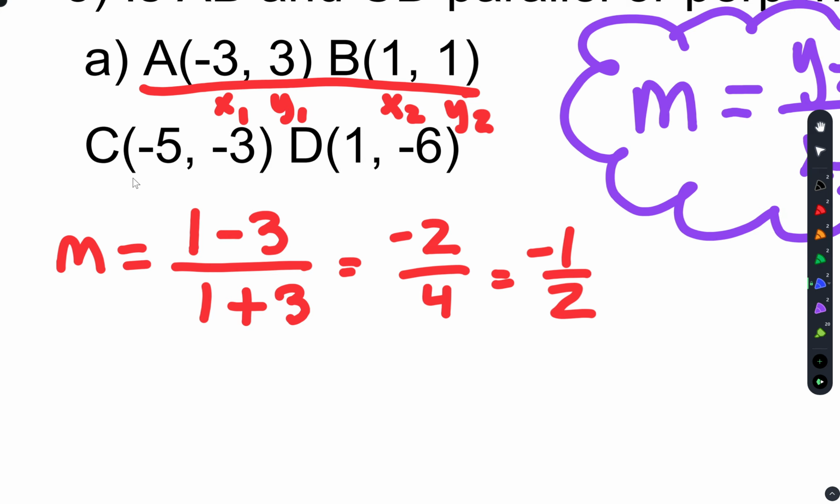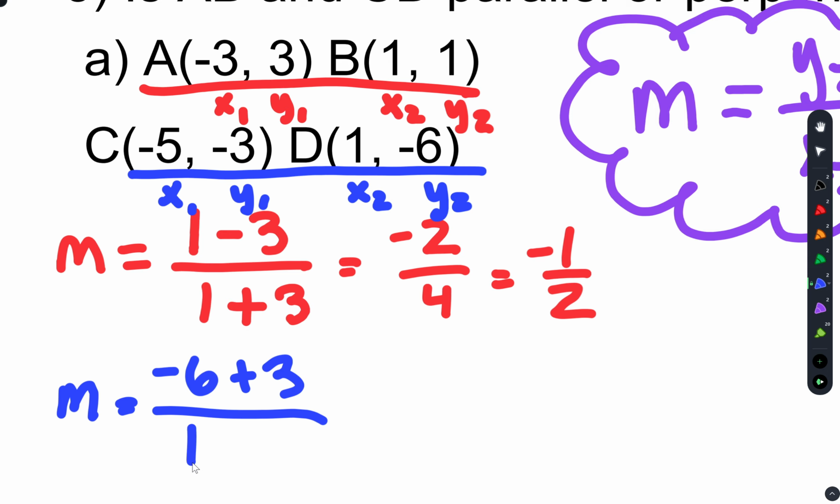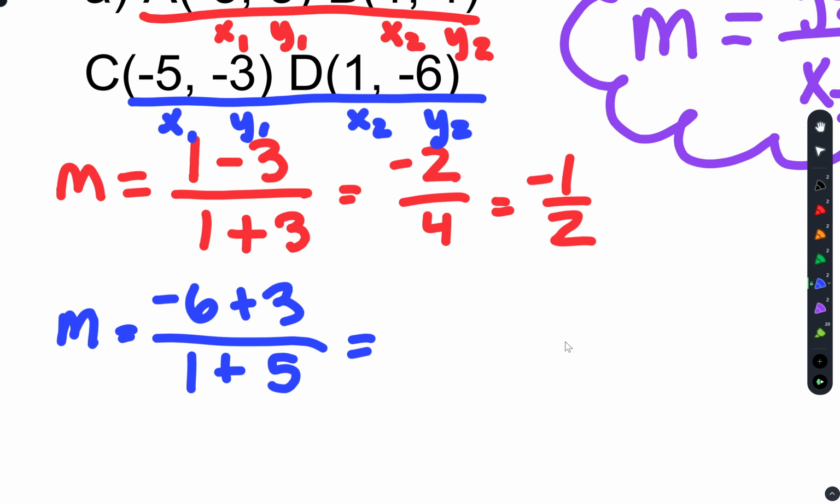I'm going to do the same thing for my other line, CD. I'm going to label x1, y1, x2, y2 to make sure that I keep it all together. y2, negative 6, minus negative 3, which is really a plus 3. x2 is 1, minus negative 5, which is really plus 5. And simplify.